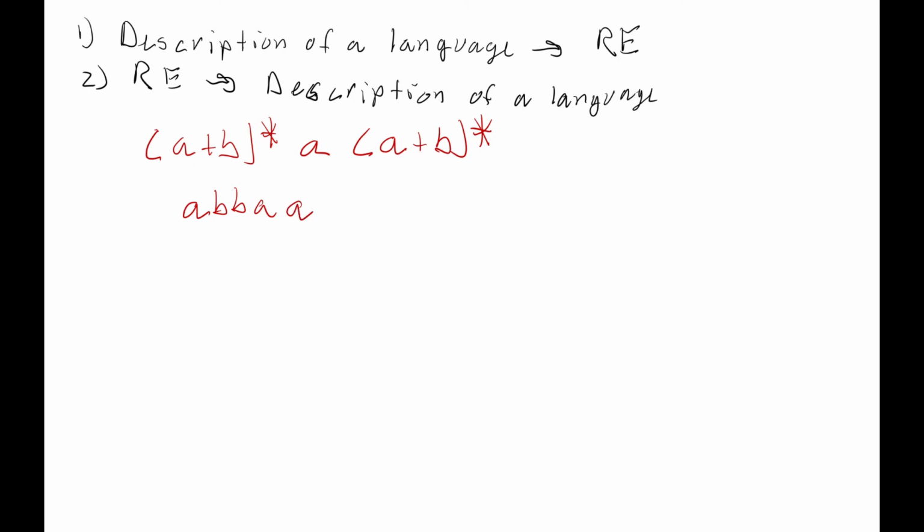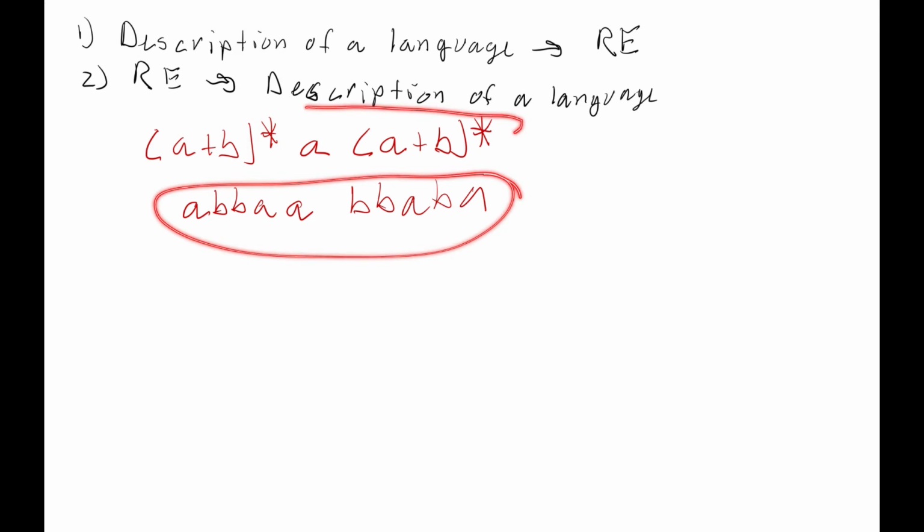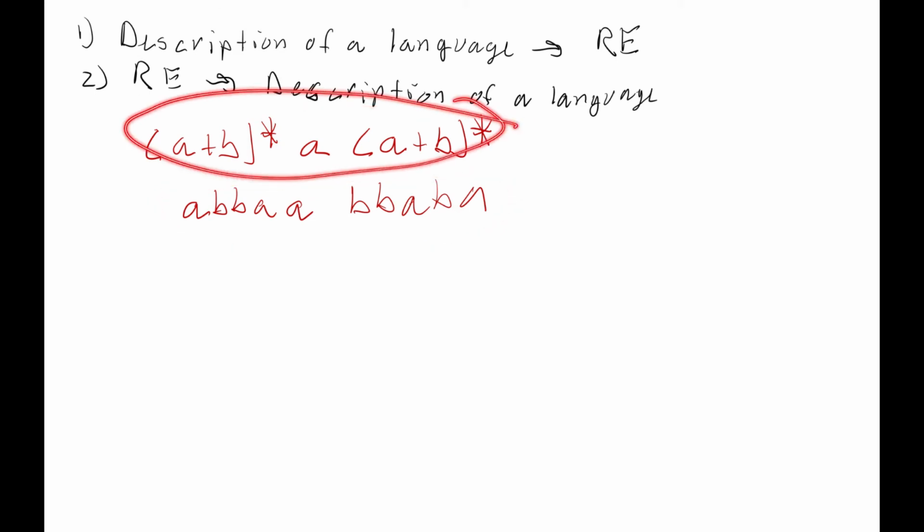And finally, we can add as many a's and b's onto the end of it as we want. So we can just go b, b, a, b, a, or something like that. Okay, so this is one word in this language defined by this regular expression. We're able to generate one word that is in the language.